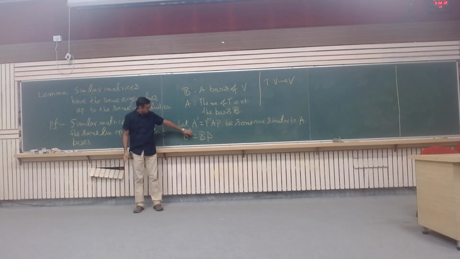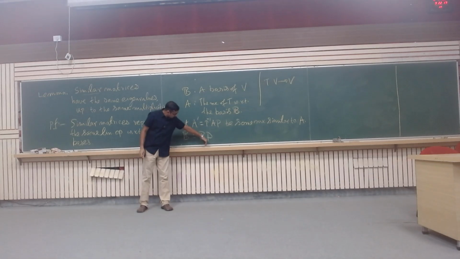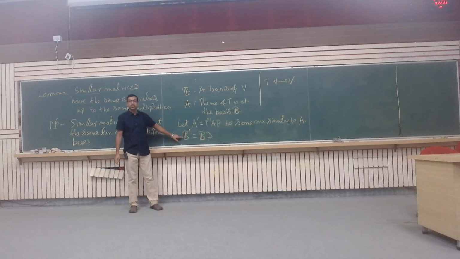That is, we are taking the linear combination of the elements of B by these columns of the matrix P. And that is going to give me another basis of V.